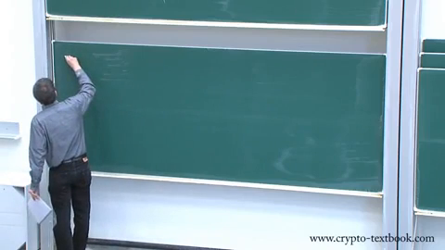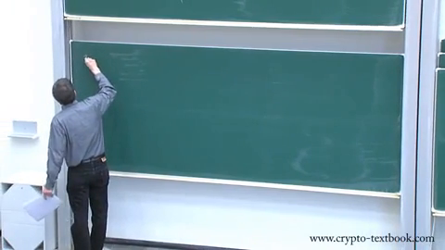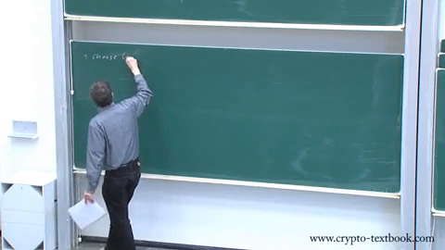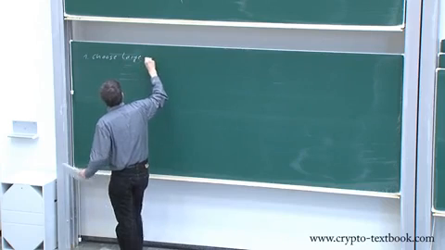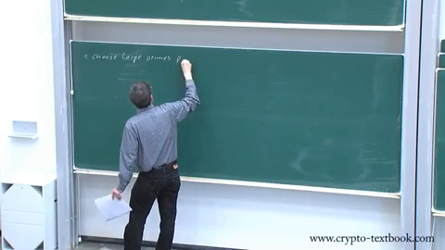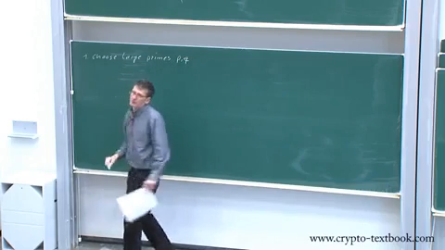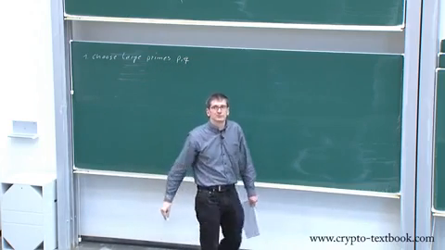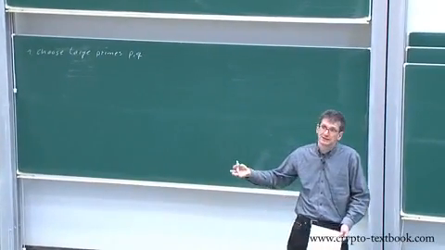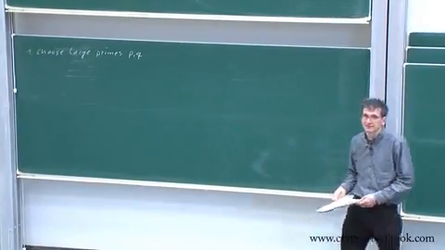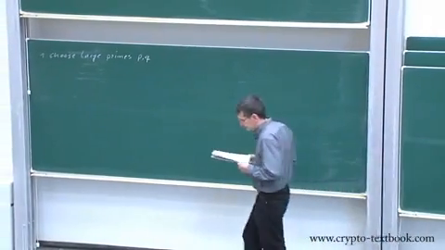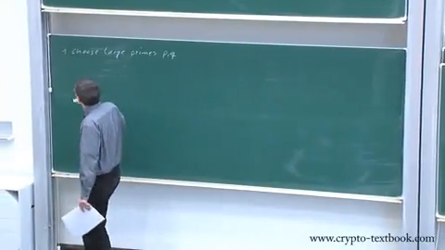The first thing you do, so this is now key generation, okay, is choose large primes, and they're almost always called P and Q in the literature. I guess P for prime and then Q because it's the next letter in the alphabet. You could have probably called them P1, P2, but they're always called P and Q.